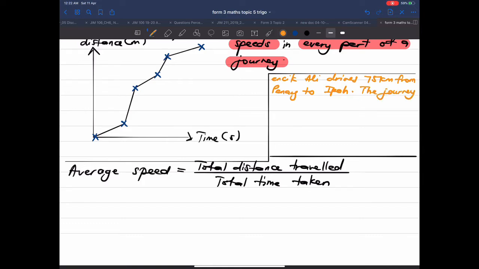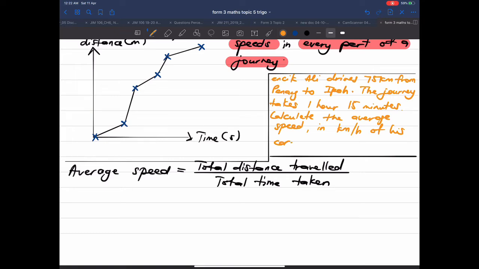The journey takes 1 hour 15 minutes. Calculate the average speed in kilometer per hour of his car.